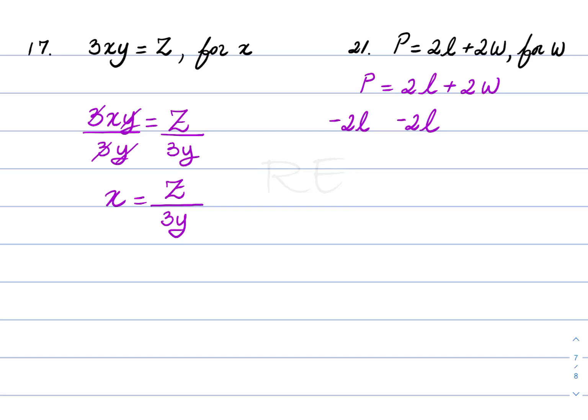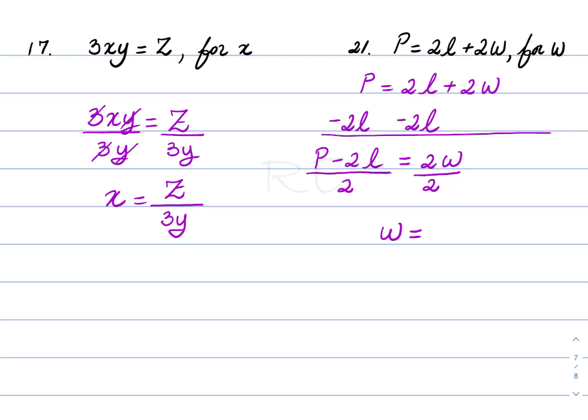Therefore, we're going to have p minus 2l is equal to 2w. We need to solve it for w. We will divide by 2 to get 1w, and both sides have to be divided by 2. Therefore, w is equal to p minus 2l, and the whole thing is divided by 2.